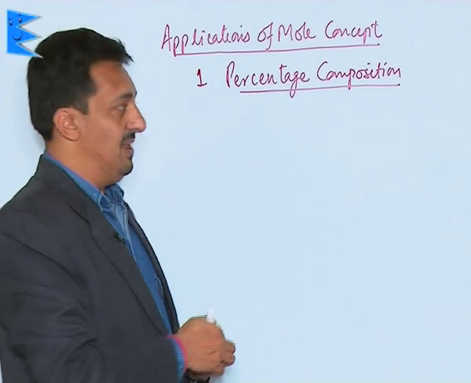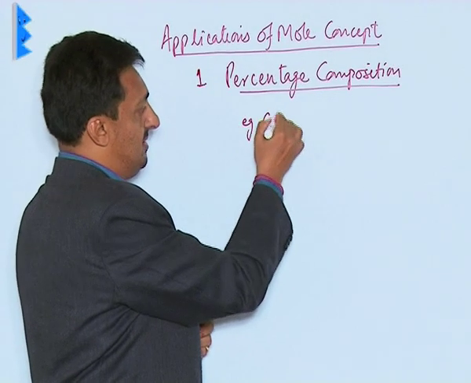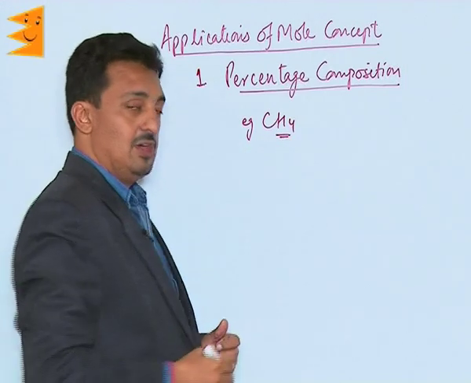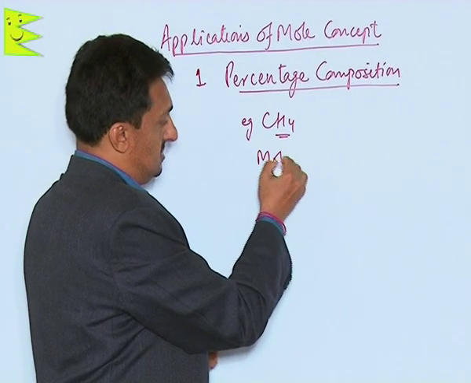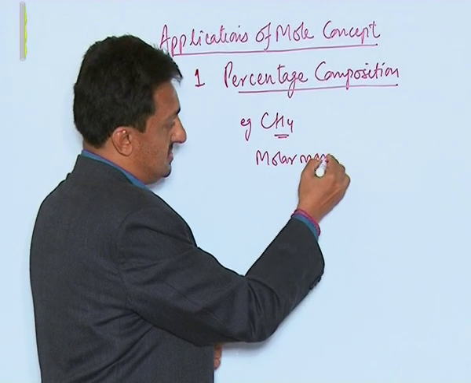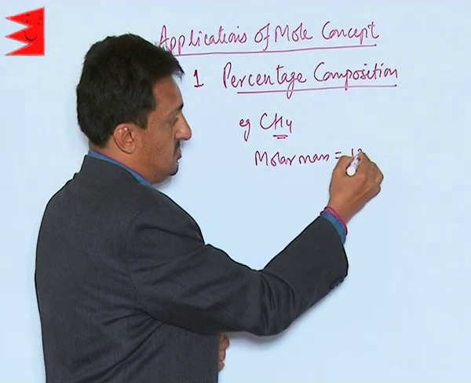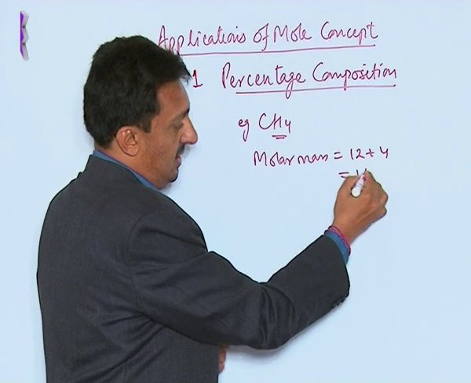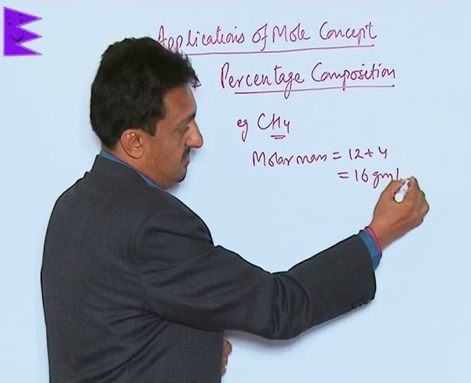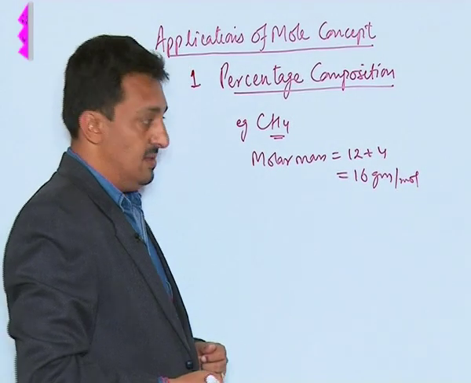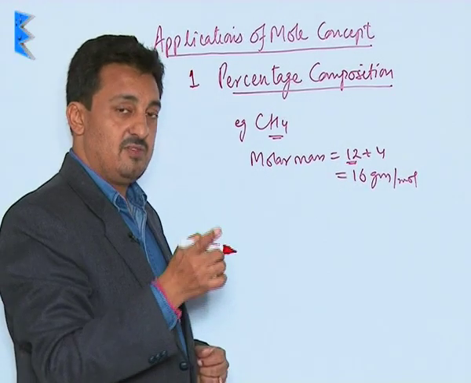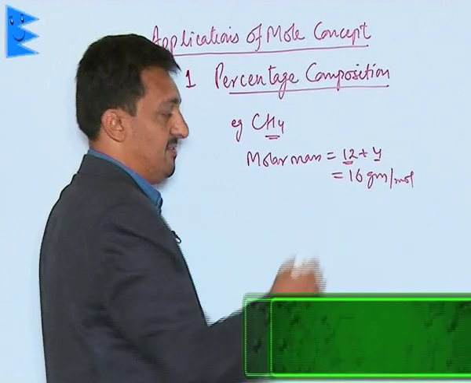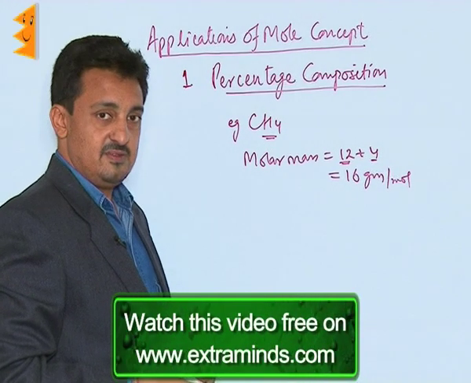Let us take an example of a methane molecule. We know its molar mass is 12 plus 4, which is 16 grams per mole. Out of this, 12 grams is the mass of carbon and 4 is the mass of the hydrogen atoms.